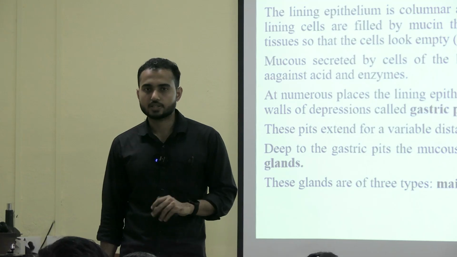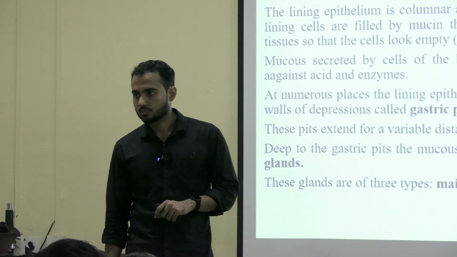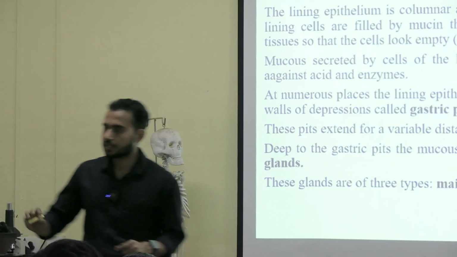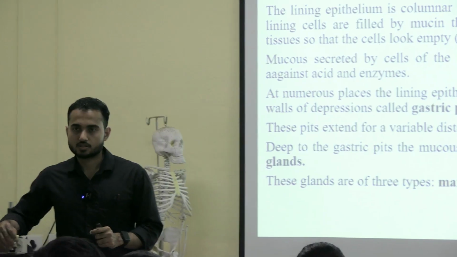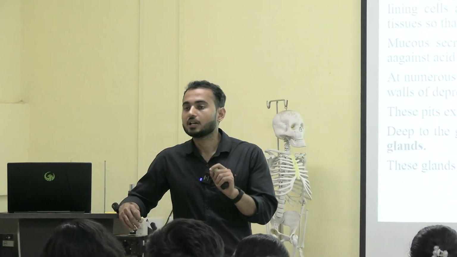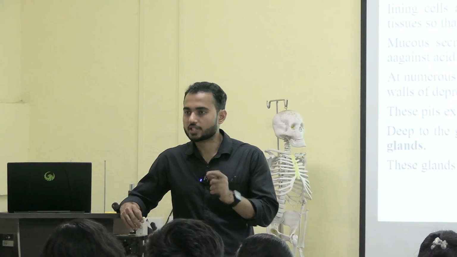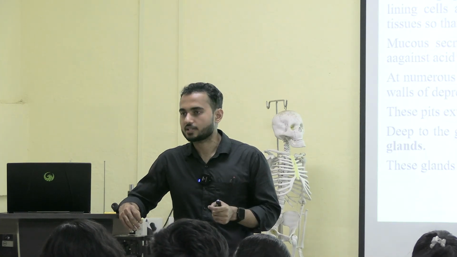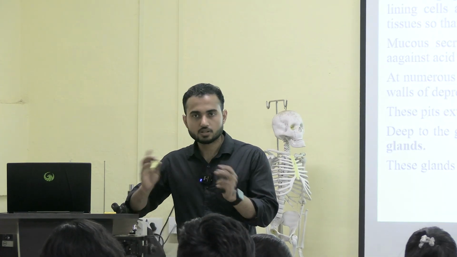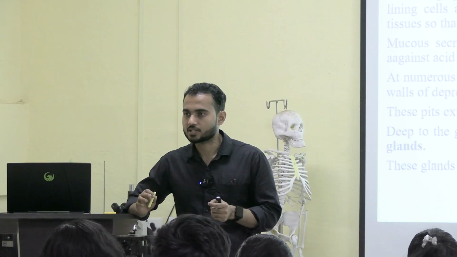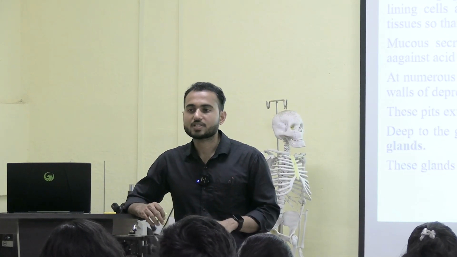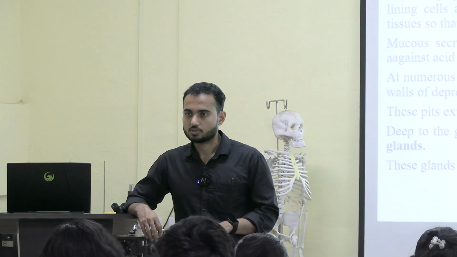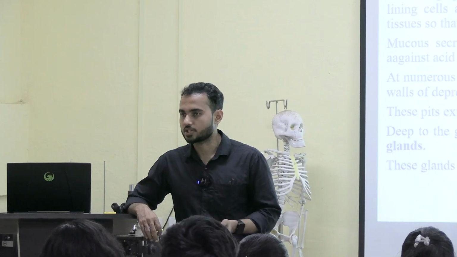Everything else remains the same. The main difference is in the glands, also in the secretion and in the type of cells which are present. So overall the differences are in the glands, and the second difference is in the muscularis externa. These are the two main differences I have noticed.